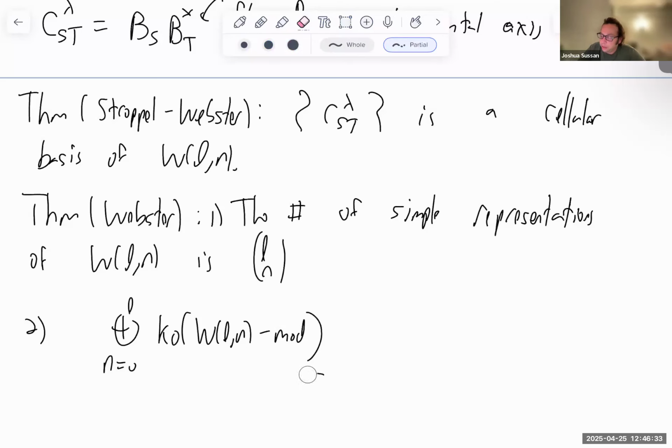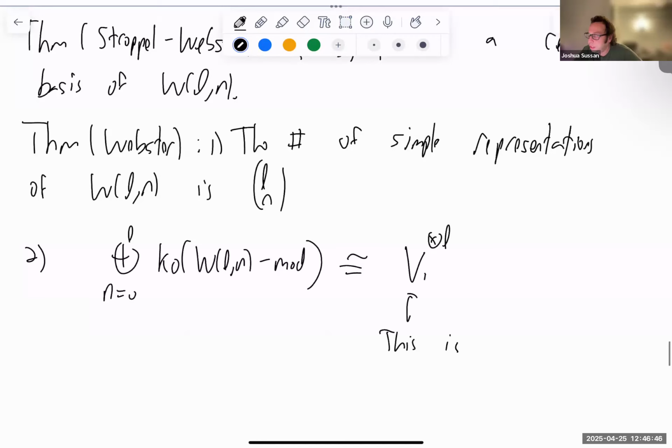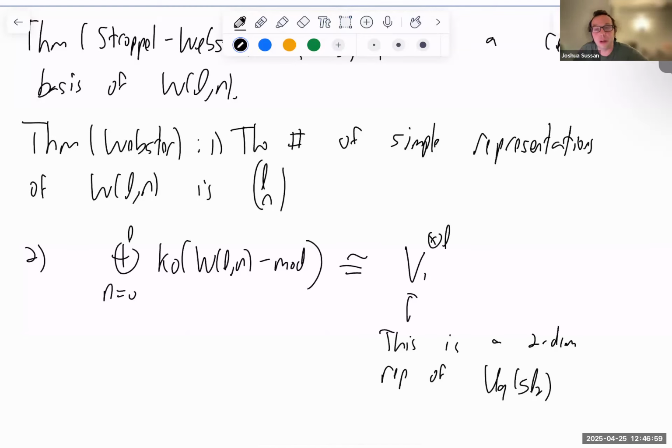But it turns out that there's actually a lot more structure here. It turns out this is isomorphic to V1 tensor L, where V1 is a two-dimensional representation of the quantum group U_q(sl2). I didn't have a chance to define what U_q(sl2) is. It's a deformation of the enveloping algebra of sl2.